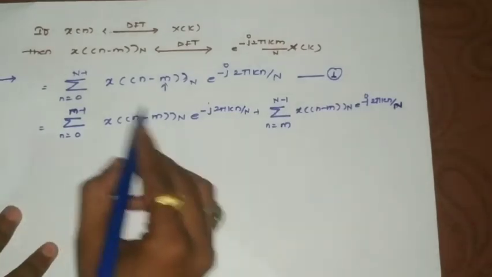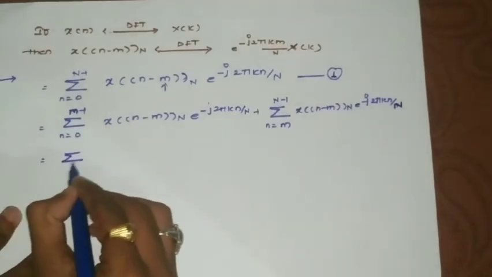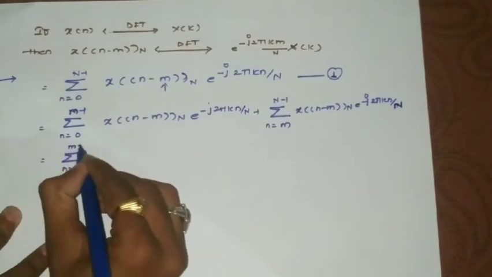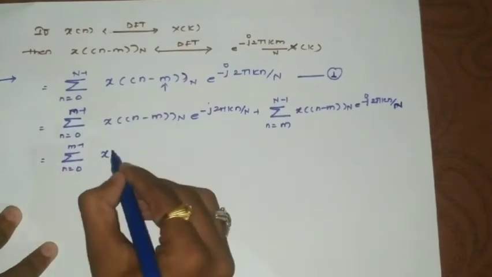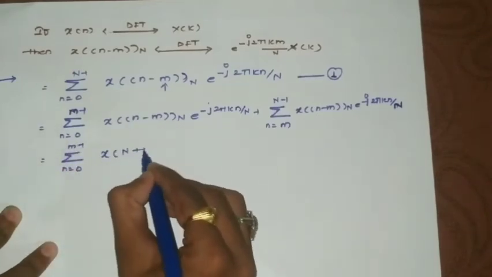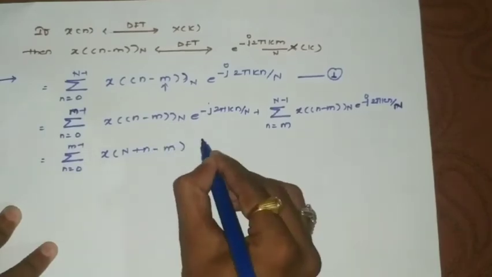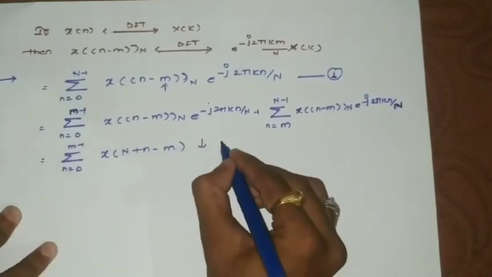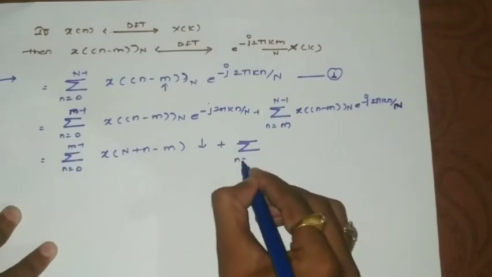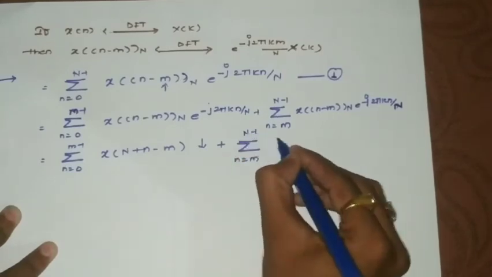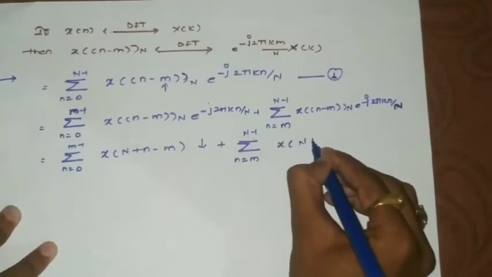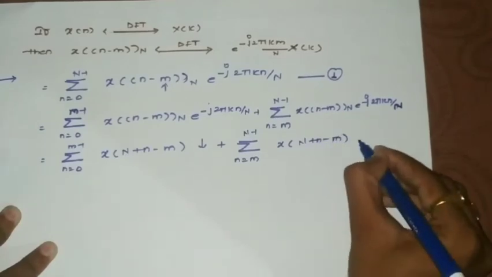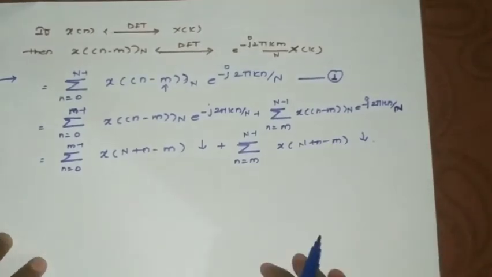Now instead of this term, as usual, we'll add the sequences, which I can write now. I can add n number of samples, so this becomes x of n plus small n minus m, exponential as it is, plus this one, n from m to n minus 1, again x of n minus m, and exponential term as it is.